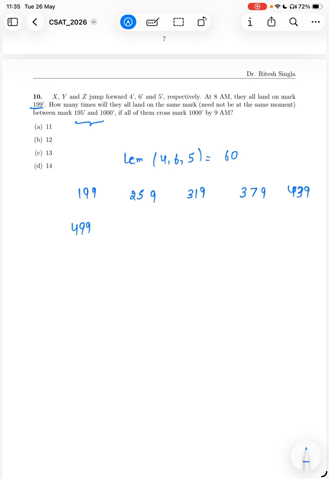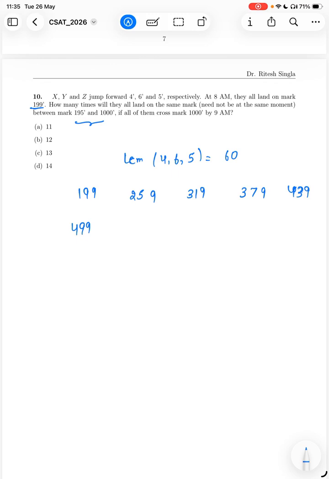Secondly, they were at the same mark at 199. You can of course do it by using the greatest integer function and doing all the calculation, but the best and very small solution will be just to find these instances, and these are very simple because you just need to add 60 each time. So 199, 259, 319, 379, 439, 499.